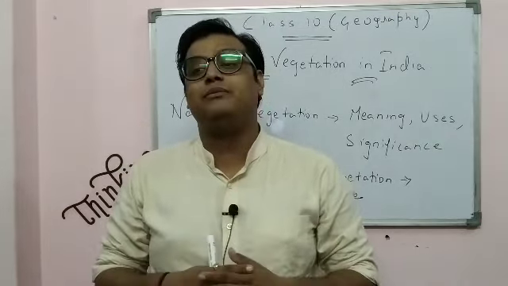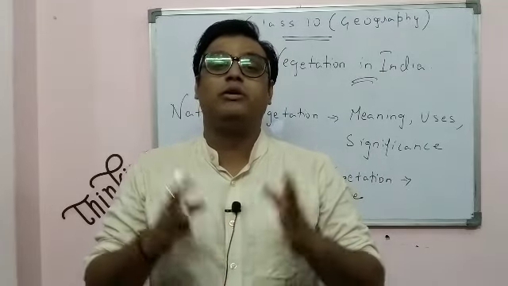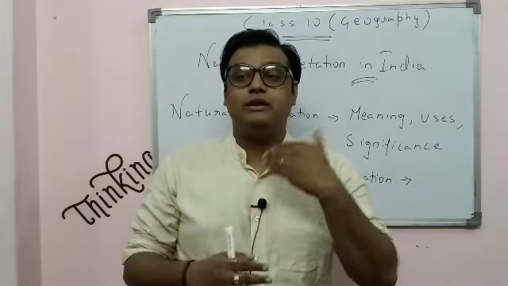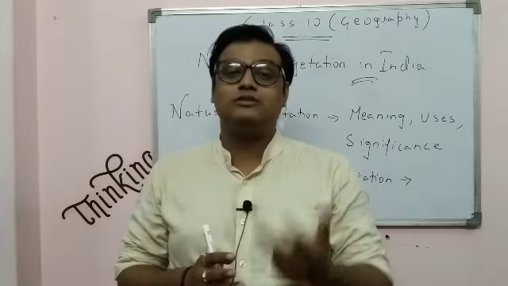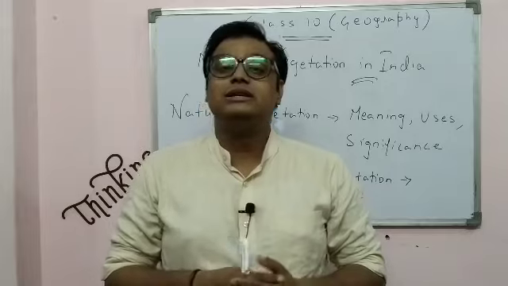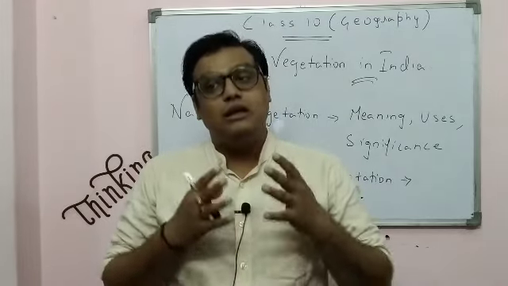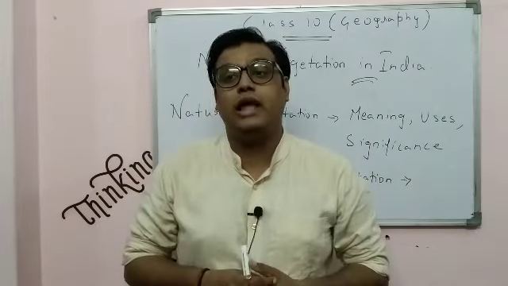If you don't remember the names, you will have great difficulty, because the names are many times confused by being given in different forms. So one is the equatorial type of forest. Second, it is also known as the Tarai region or Tarai forest. Third, it is also known as the evergreen forest or the rain forest. These are the different names of the equatorial type of forest.